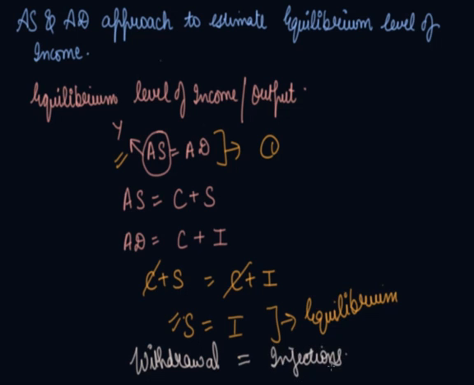You are investing your money to buy capital goods and services, which increase the flow of your stock. So these are the injections. Your equilibrium level of income is attained when aggregate supply is equal to aggregate demand, or S is equal to I, or withdrawals are equal to injections.